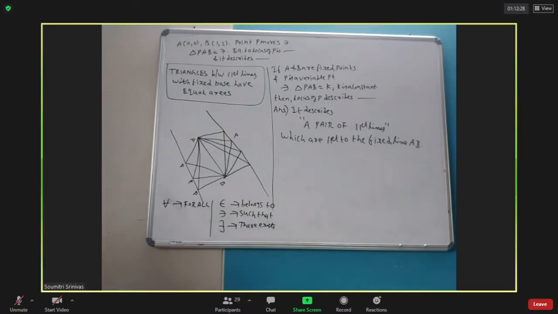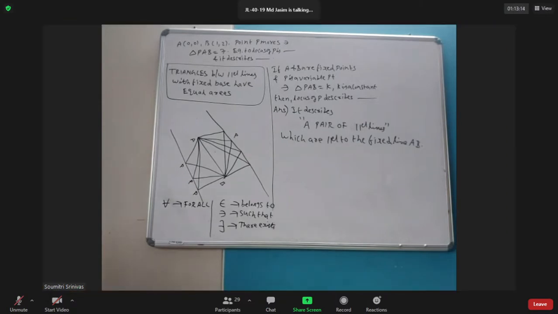Answer for the question, man. So I got the answer as locus is x minus y equal to plus or minus 7.